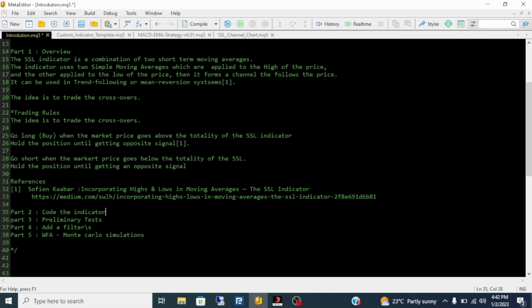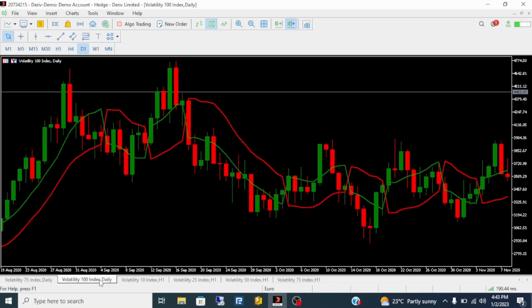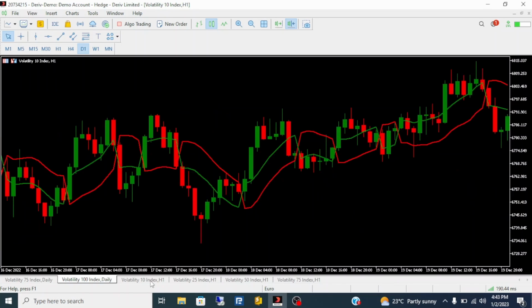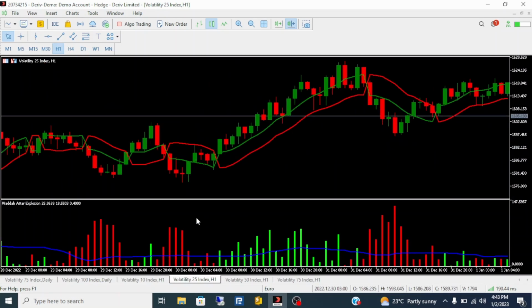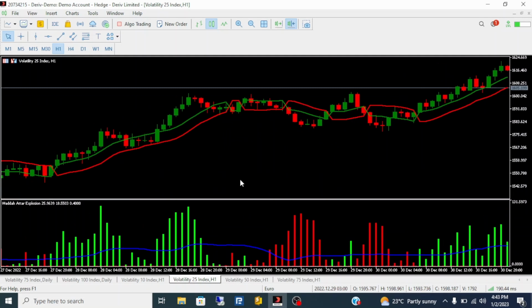In the next video, I'll be coding the indicator to automate it, and then I'll do preliminary tests and determine if we need to add a filter. Because when we're looking at this, we don't want to take every trade.